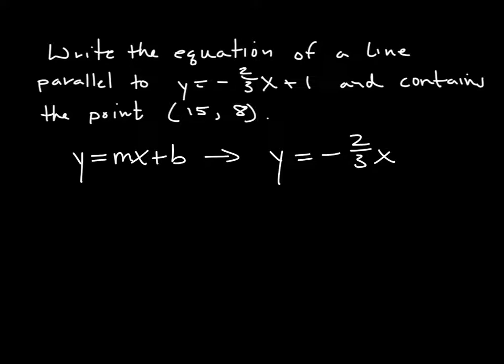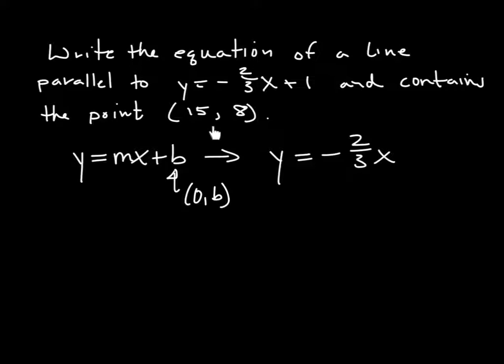In the previous example I could put whatever number I wanted because it didn't have a specific point. Now that I have a specific point, it ties down what specifically b will have to be. One thing I want to mention is that b is created from the coordinate (0, b).